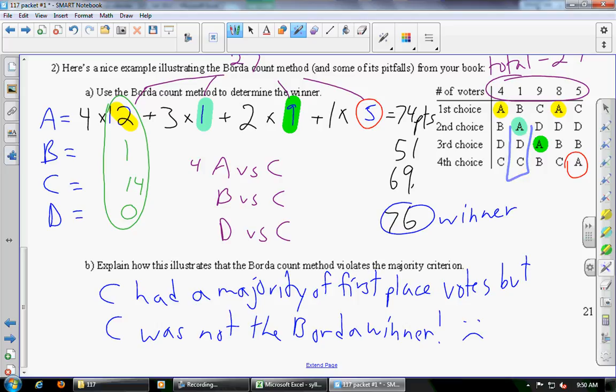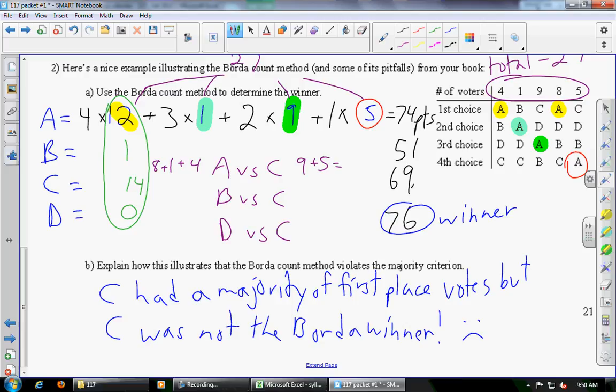So that's another vote for A. Next column, A or C, who did they like? They liked C, so that's 9 votes for C. Next column, A or C. A is on top, that's 8 more for A. And then finally, the last column, A or C, C. So that's another 5 votes for C.